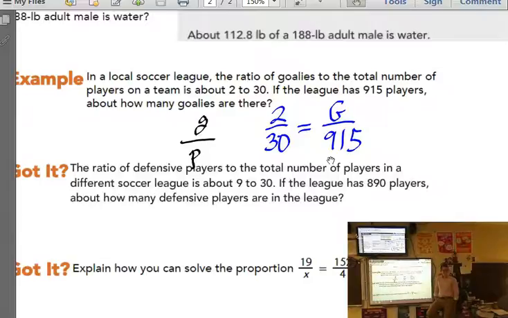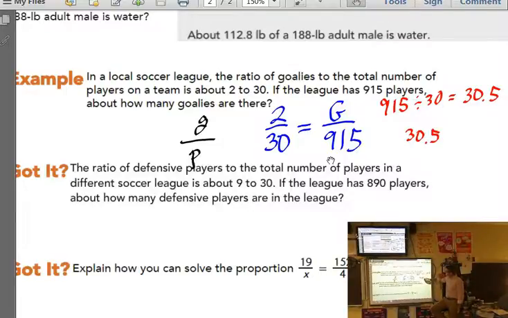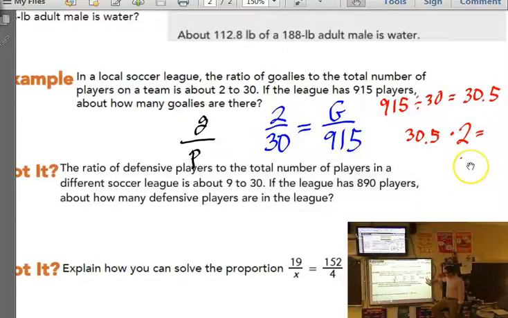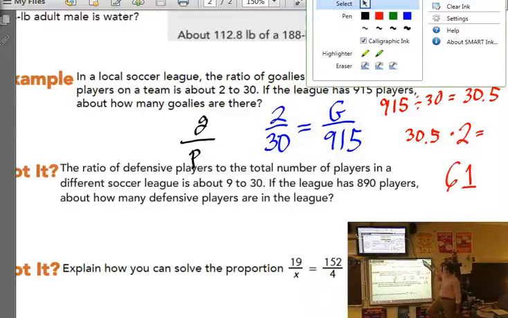Then I did 915 divided by 30 to find out what number I should multiply 2 by. What'd you get from there? I got 30.5. And then you doubled it? Yeah, and then I just multiplied 2 by 30.5 and I got 61. So I got 61 goalies for 915 players in the league.